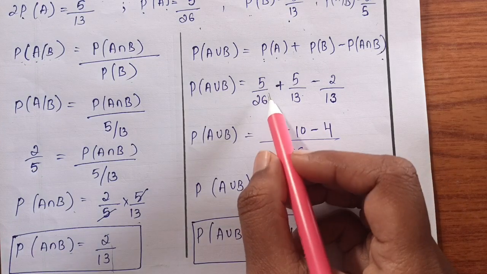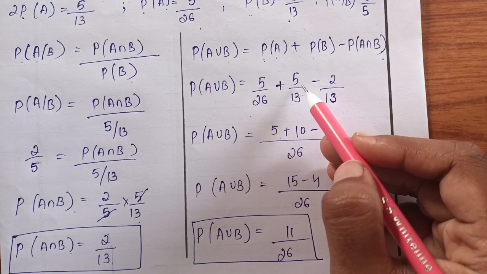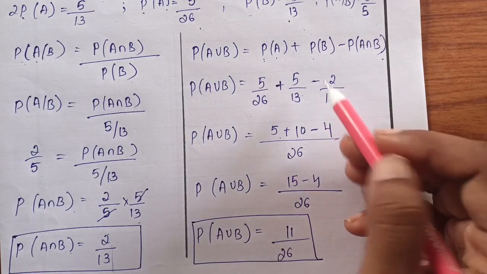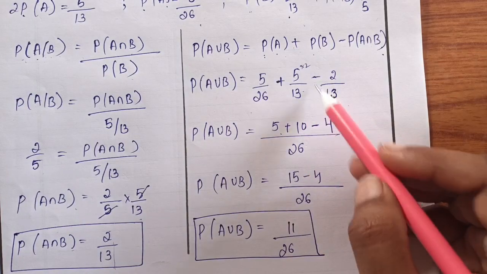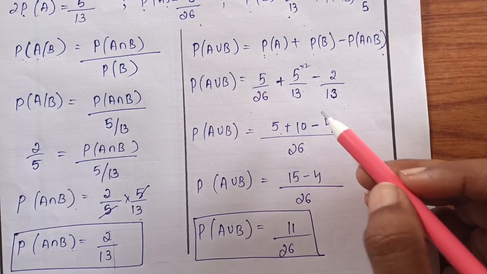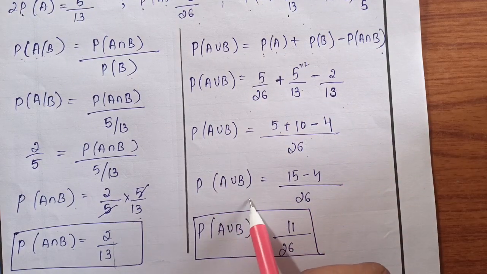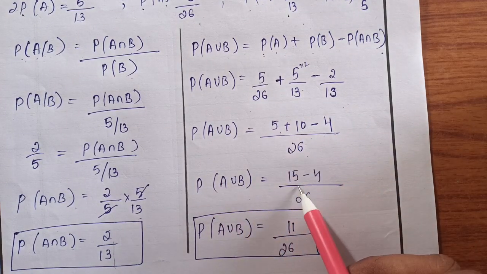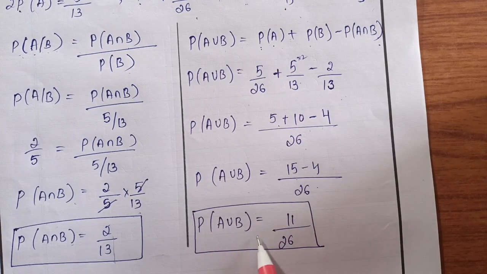So 26 cancel, 5 as it is. 13 twos are 26, so 5 into 2, 10, minus 13 twos are 26, so 2 into 2, 4. Probability of A union B equals 5 plus 10, 15, minus 4, divided by 26. So 15 minus 4, 11, divided by 26. The answer for the probability of A union B is 11 by 26.